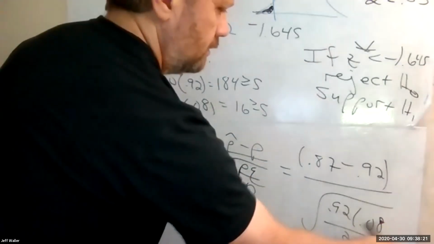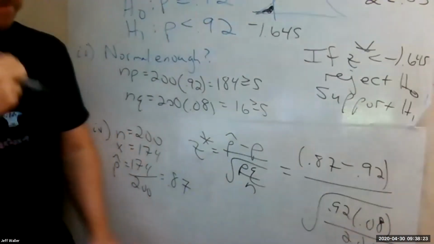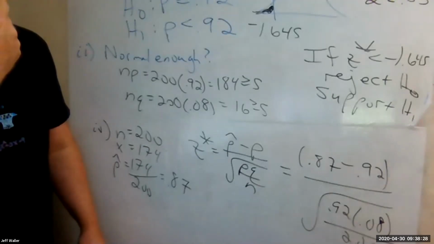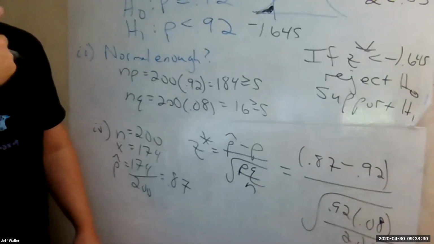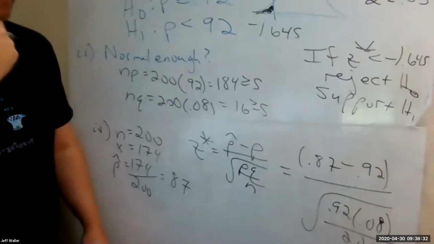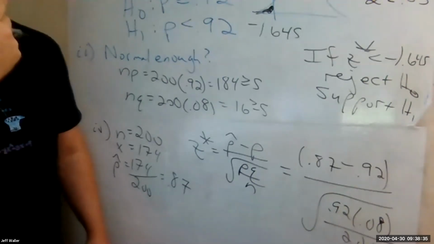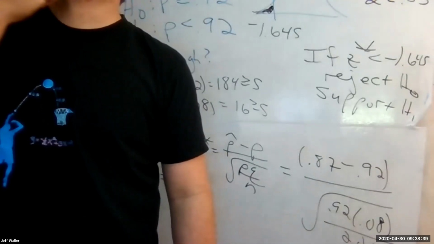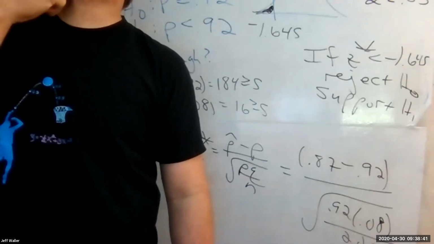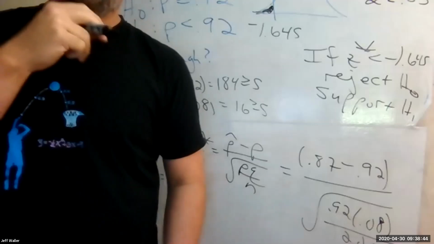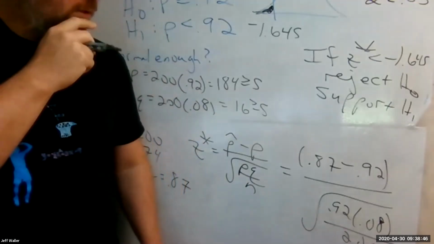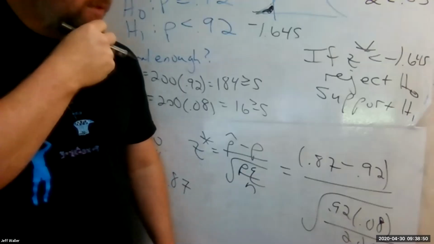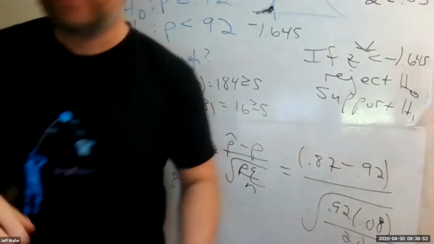Oh my gosh. Okay, get in there. Really? It can't be that. That's way too big. No, I forgot to take the square root of the thing. Damn it. All right, I'm going to stop trying to do it in my head.